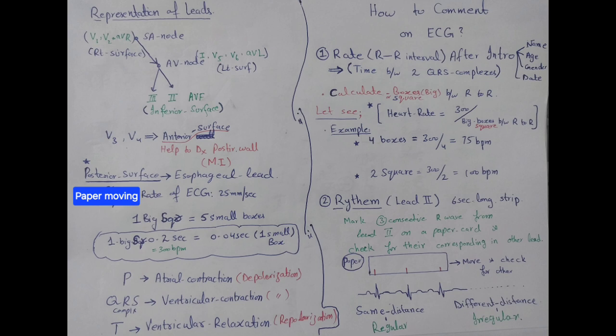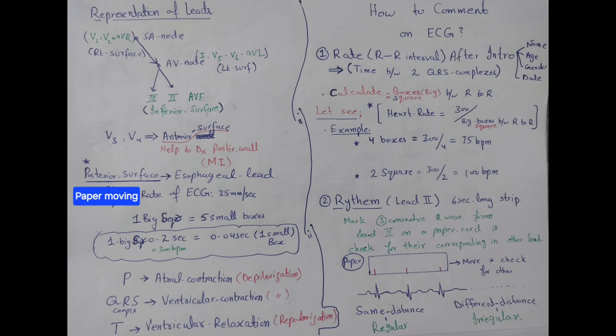Now you have to move this paper to the next part of the ECG to see whether the distance is the same, or the next R wave is coming before or after my marked R wave. So here you can see the rhythm. If there is the same distance, that will be a regular rhythm, and if there is some difference in the distance, that will be an irregular rhythm.